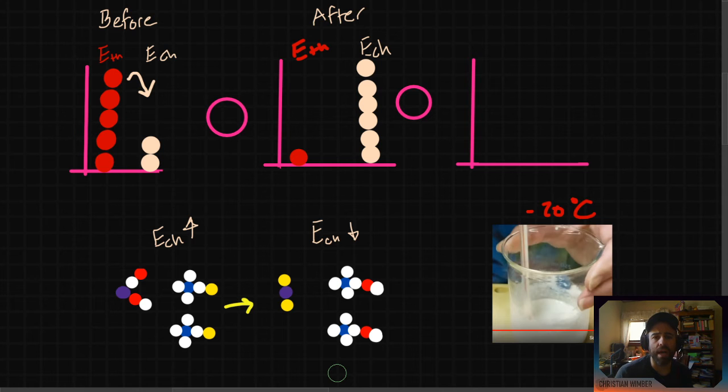We now have a lot more energy stored chemically. Apparently, the amount of energy it takes to rip all these apart is pretty big. And yeah, sure, we get some energy back out when we put these back together, but it's not much. And we know that because this thing got really cold. It must have used that energy that used to be making this warm. Now it's using that energy just to have the atoms ripped apart.